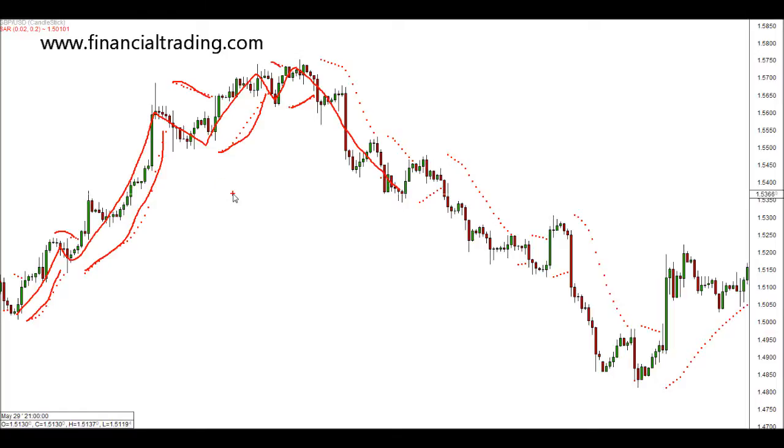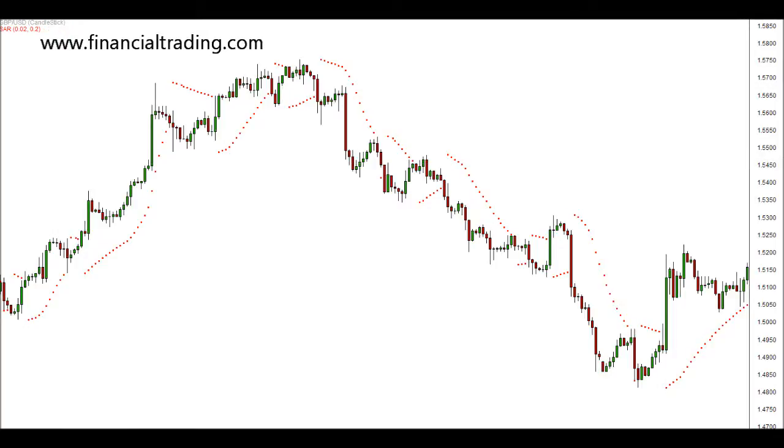Another way we can use the Parabolic SAR is the same way we would use any indicator, and that is to use it for a secondary opinion of our market analysis.